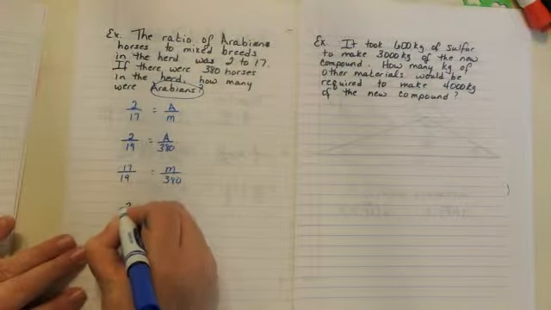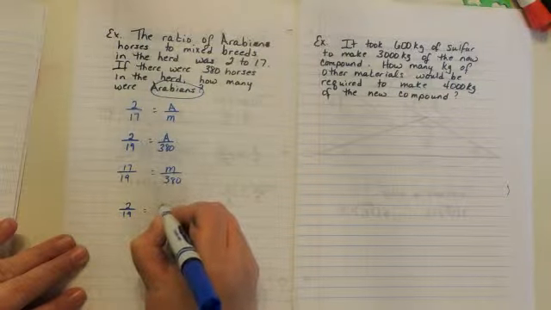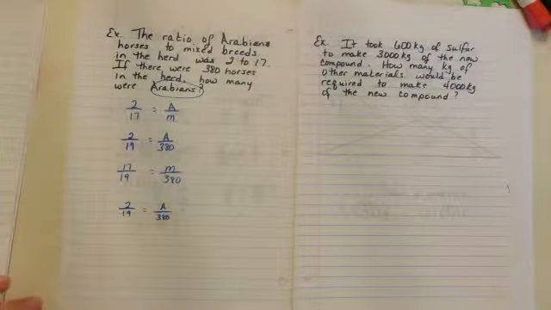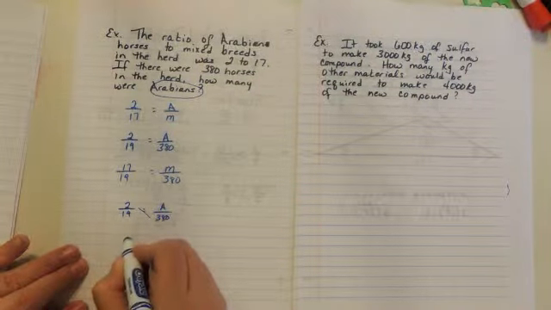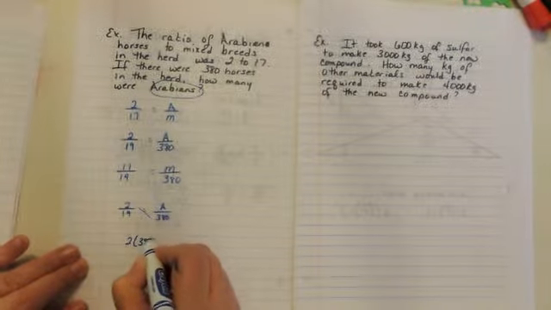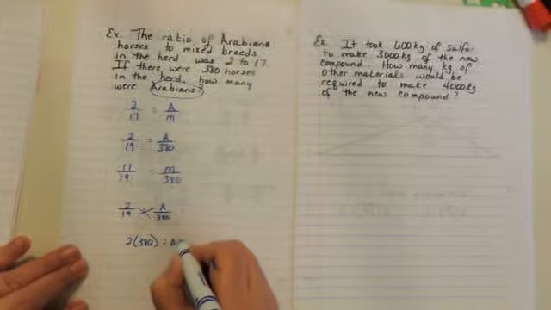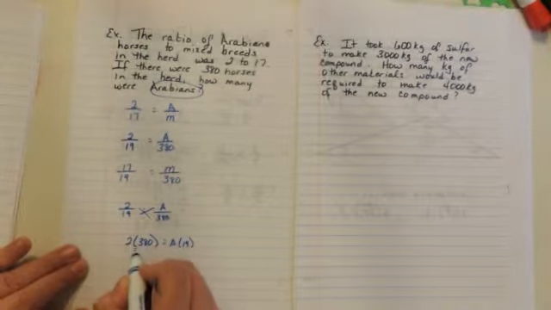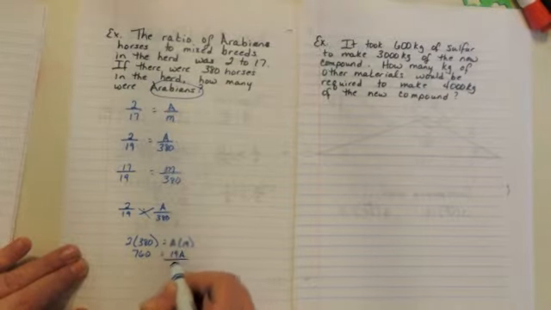So we've got 2 to 19 equals A over 380. And we're going to solve this by cross multiplying. So 2 times 380 equals A times 19. So this is going to be 760 equals 19A.